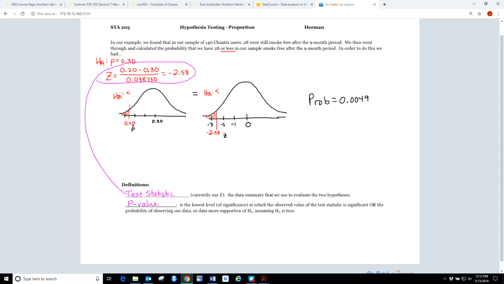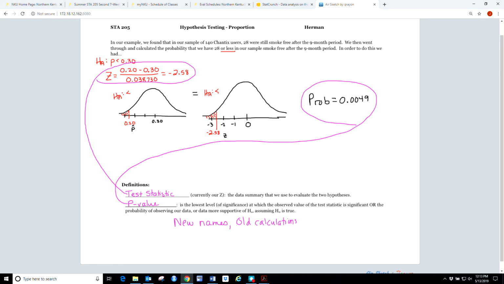Well, that's that less than telling me to shade to the left. So this new name of a p-value, which again maybe feels like it has a more fancy definition, is this same probability that we've already been calculating. So new names, but not new calculations. So these are old calculations. I'm not doing anything different to get those, and we've already been doing.